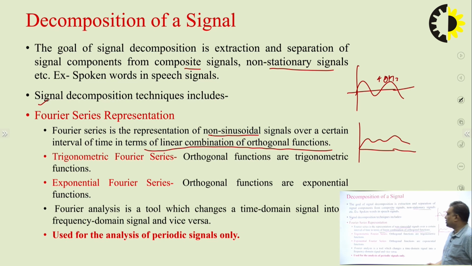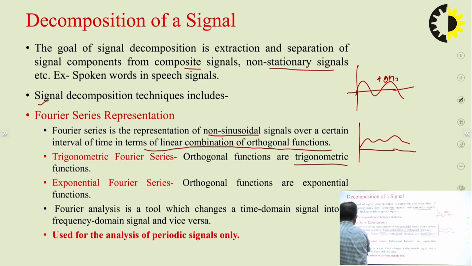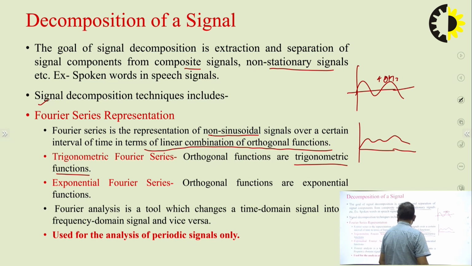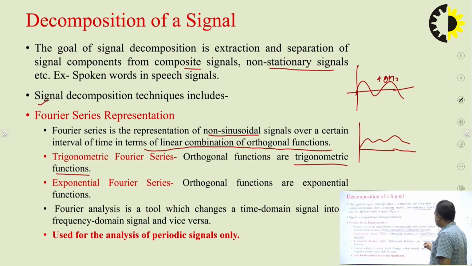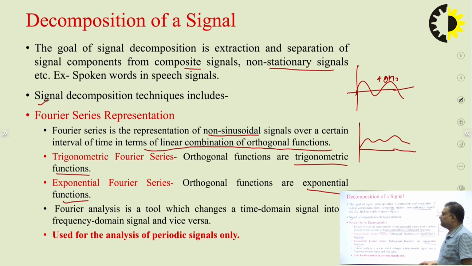In case of trigonometric Fourier series, the orthogonal functions are trigonometric functions like sine and cos, and in case of exponential Fourier series, they are exponential functions. We represent our signal in terms of trigonometric or exponential functions with different harmonics.